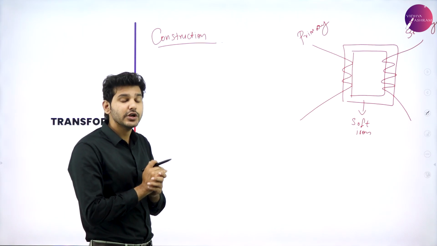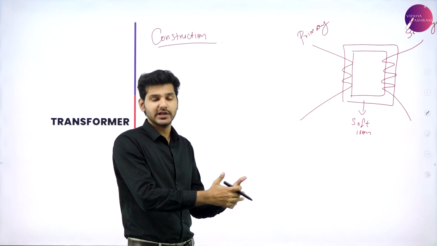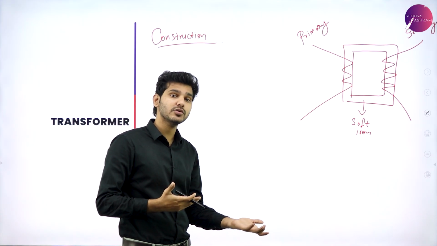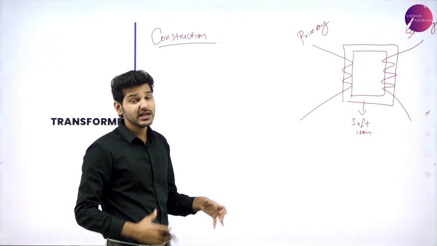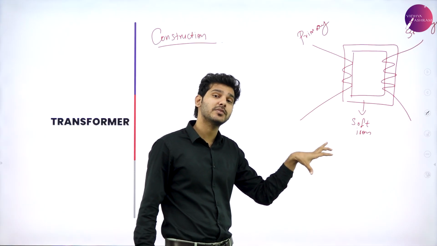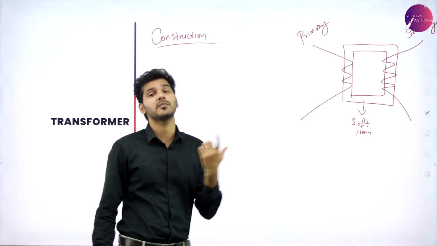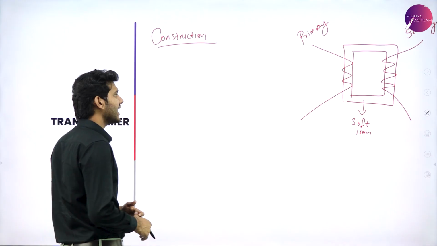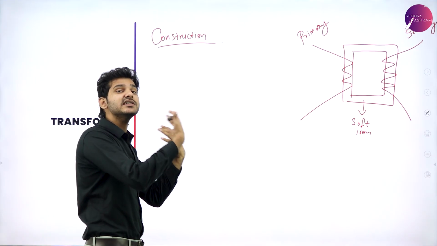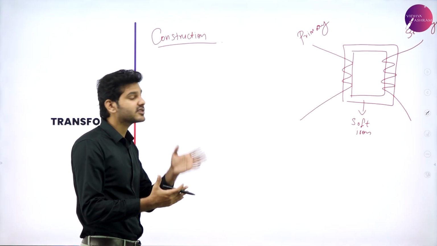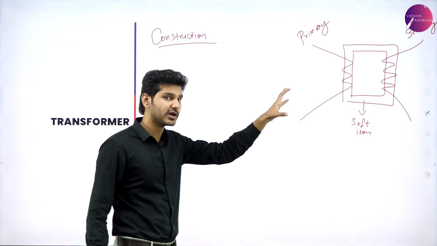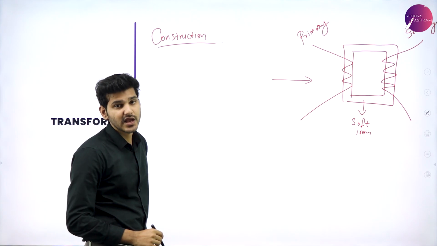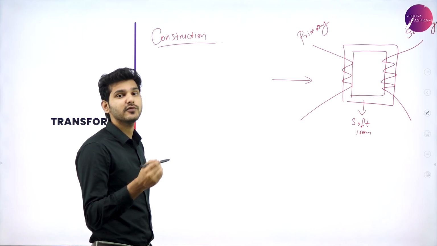Now, we do know that whatever voltage source we are inputting, we are going to convert into high voltage or low voltage, meaning this can be a step up or step down transformer based on the number of windings. The voltage that I am inputting into the primary coil is known as the primary voltage.